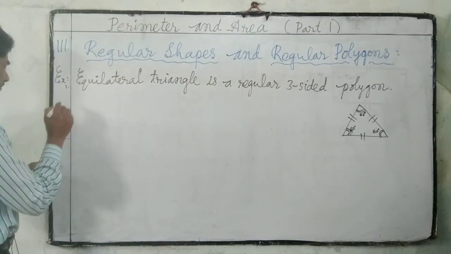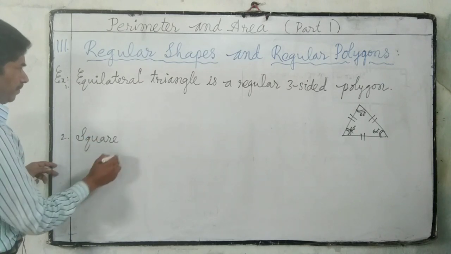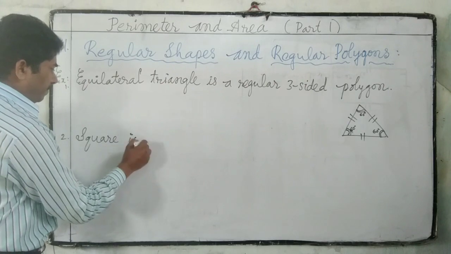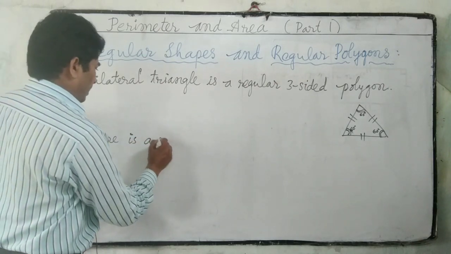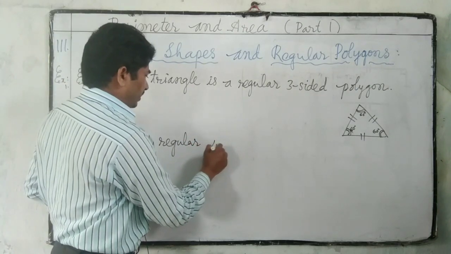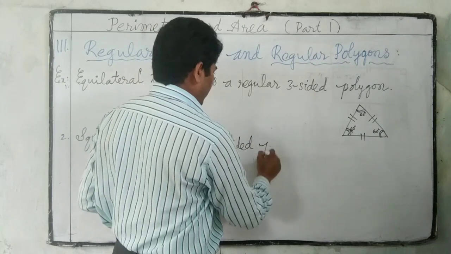Next, the second example. Square. Square is a regular four-sided polygon.